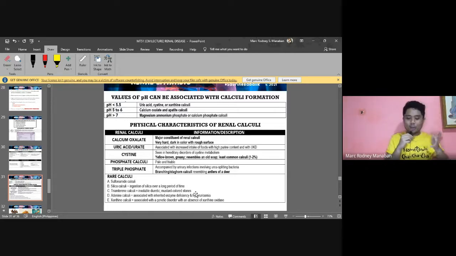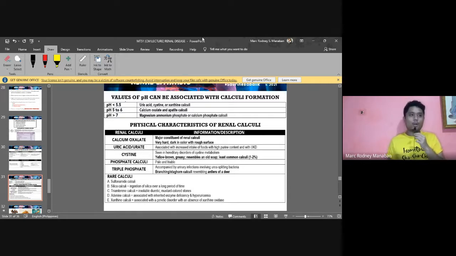Now, rare calculi, sulfonamides, no? Such as from drugs and sulfonamides. Silica, ingestion of silica over a long period of time. Triamterene is an insoluble diuretic, so again a medication. Mustard colored stones. Adenine calculi, again an inherited enzyme deficiency and hyperuricemia. It is APRT deficiency, those 2,8-dihydroxyadenine crystals we mentioned, which can be mistaken for leucine.